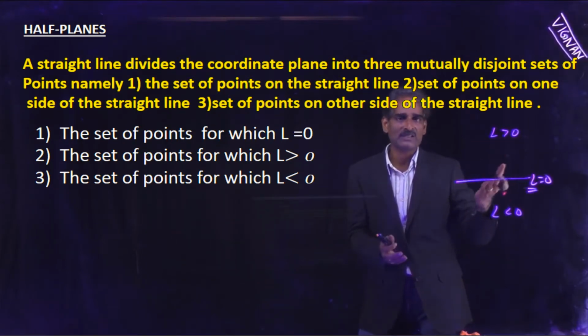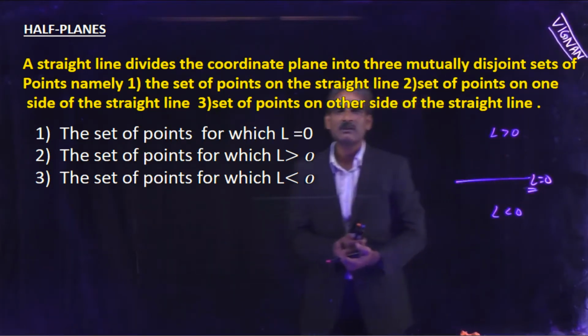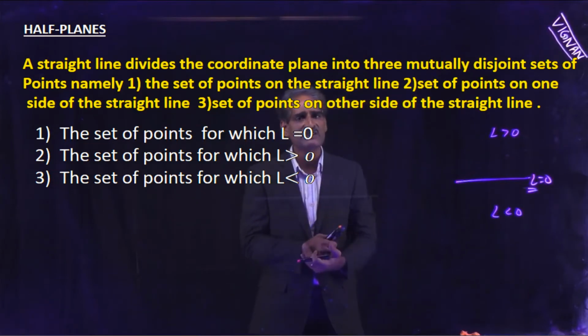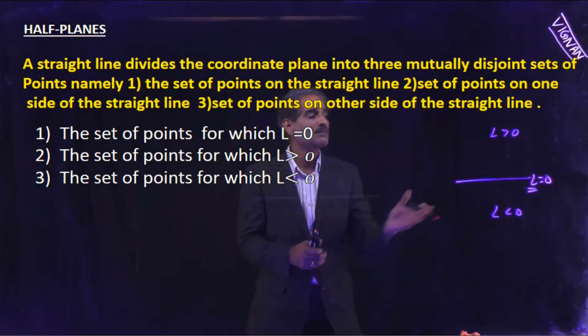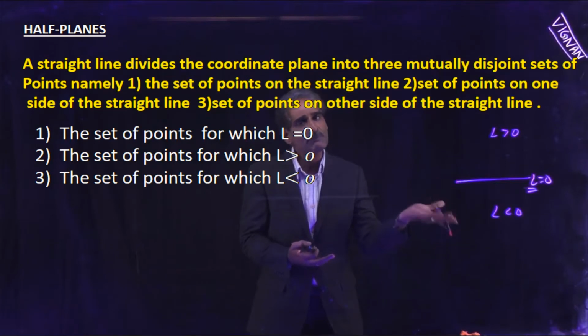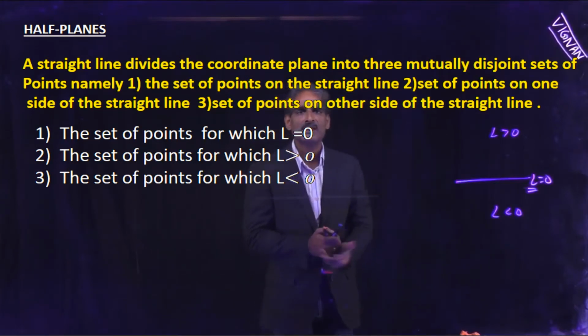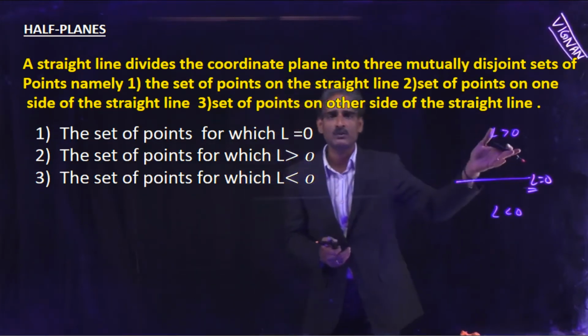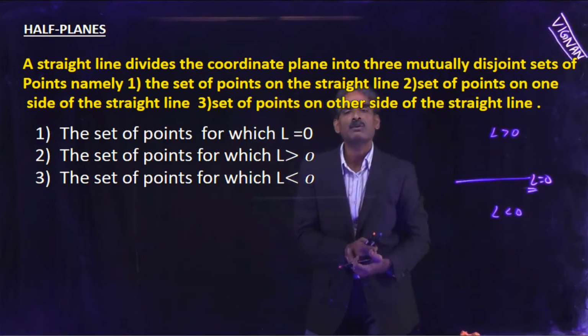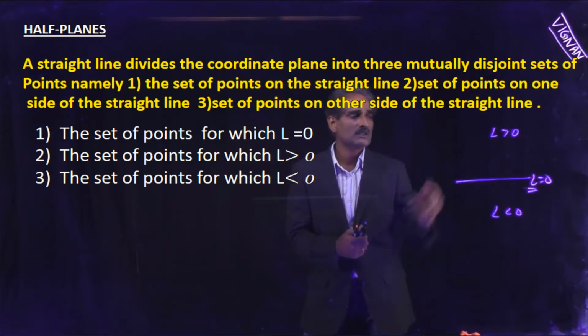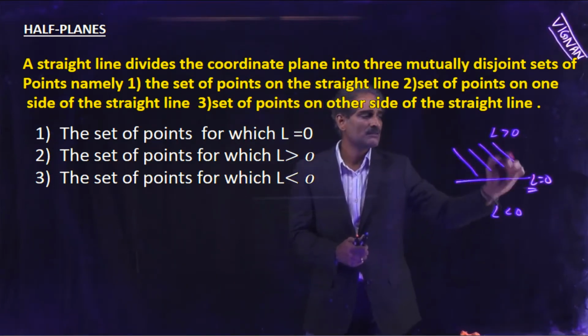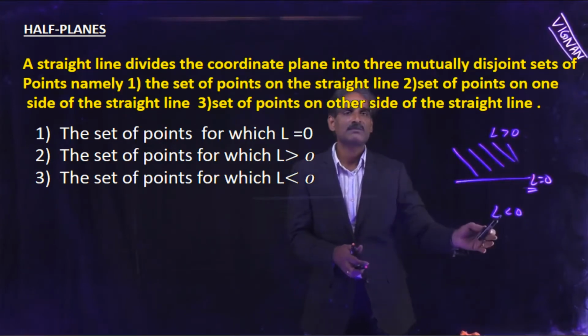If the point lies on the line, we get L equal to 0. If one side gives positive values, the opposite side automatically gives negative values.